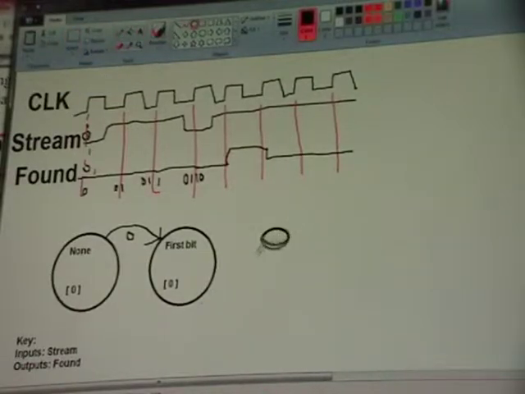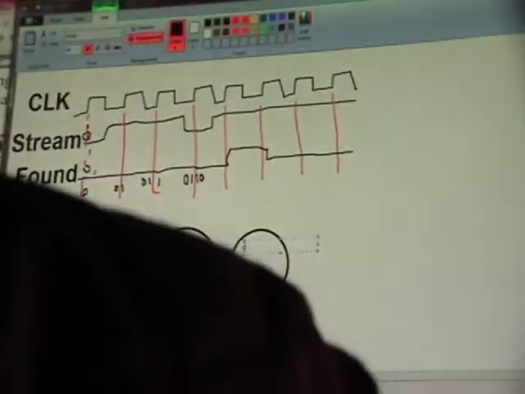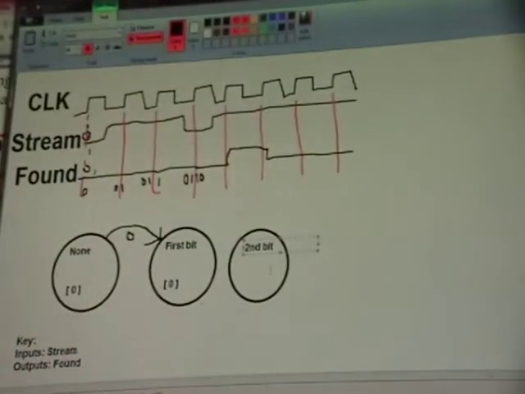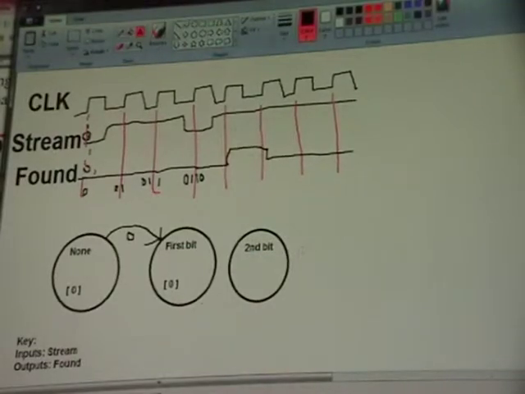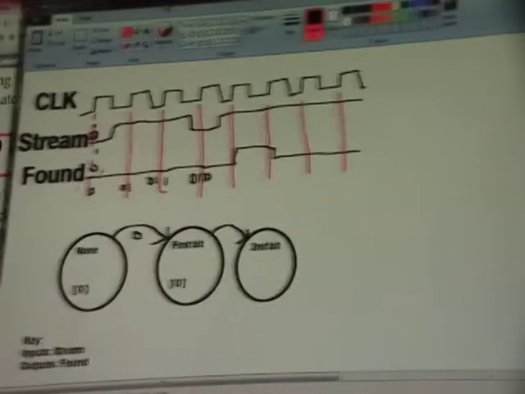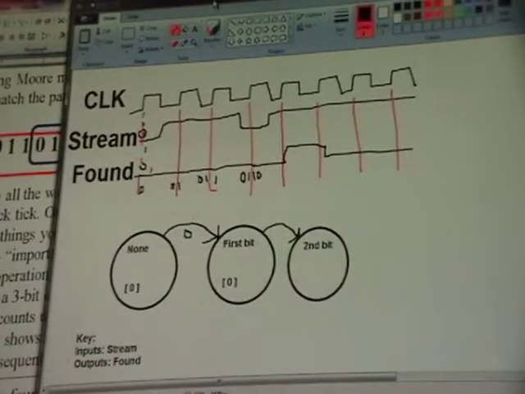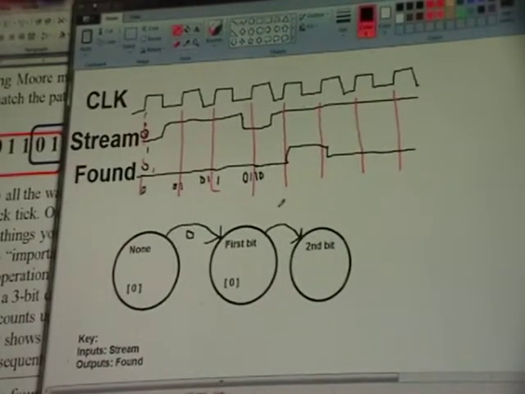and just continuing on, in the interest of space, I'll use a number there instead of spelling it out. And the second bit, since we are looking for the pattern 0110, we get a 1, we found the second bit.